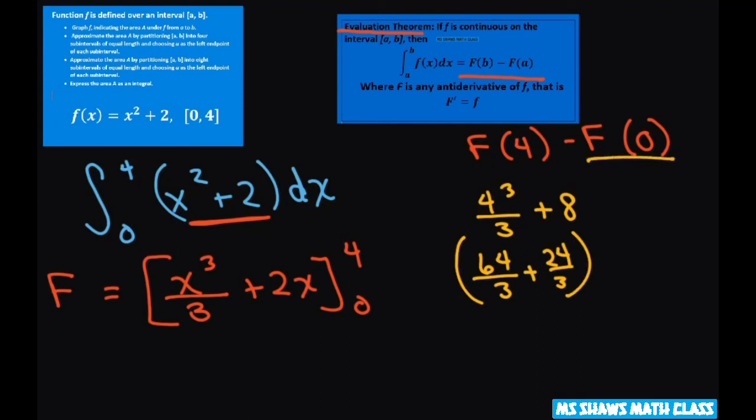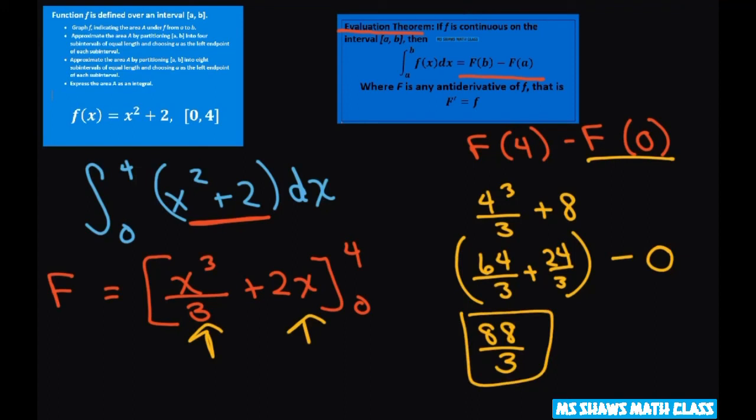Then we do F of 0. Well, when you plug in 0 on this, you're going to get 0. So this is going to be 88 divided by 3 minus 0. So that's your answer. And let's see how close we got. So 88 divided by 3 is going to be 29.33, repeating.